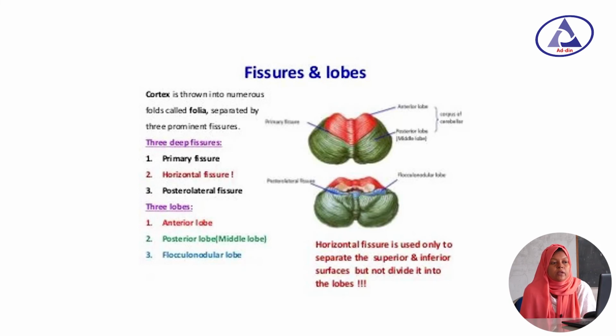So it is very important about the lobes. From these topics we know about the surface, lobe and fissure of the cerebellum and location and gross anatomy of the cerebellum. Thank you very much, and inshallah in the next class we will discuss the further parts of the cerebellum.